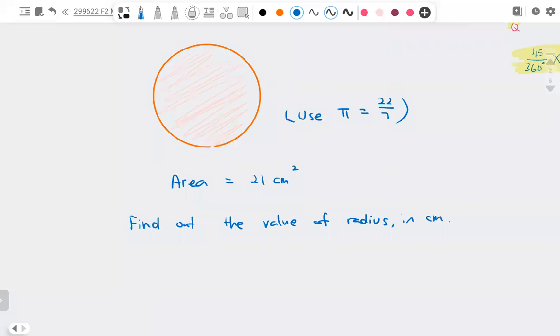No, no, no. Try again, Kaishan. Would you mind sharing with me what your equation is? How to find area? What is your equation?